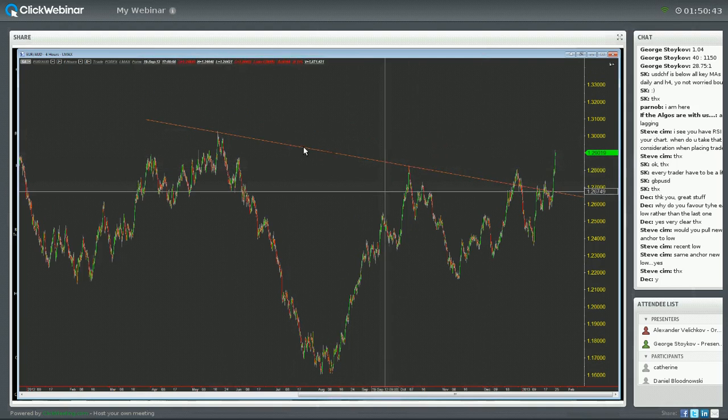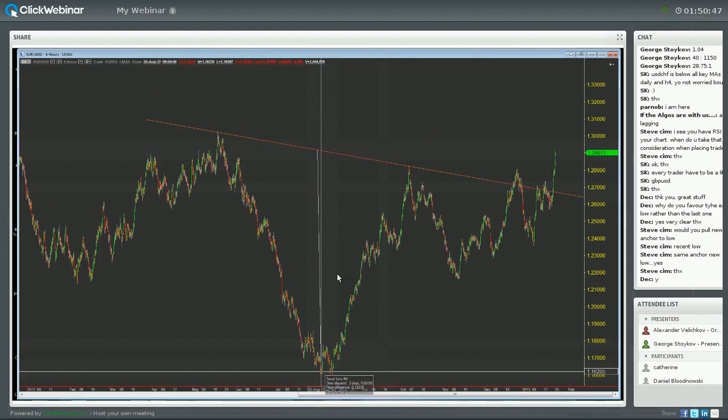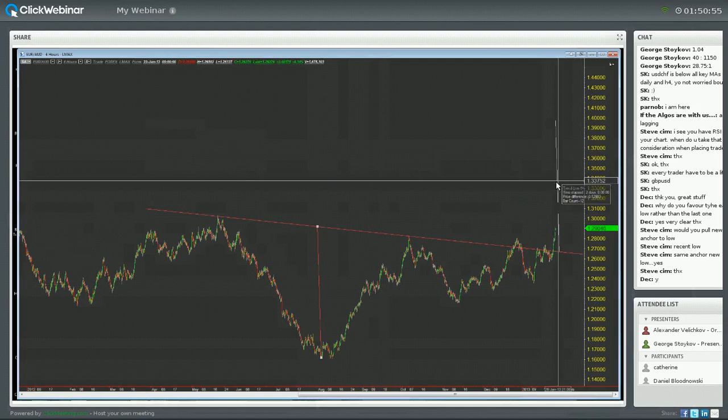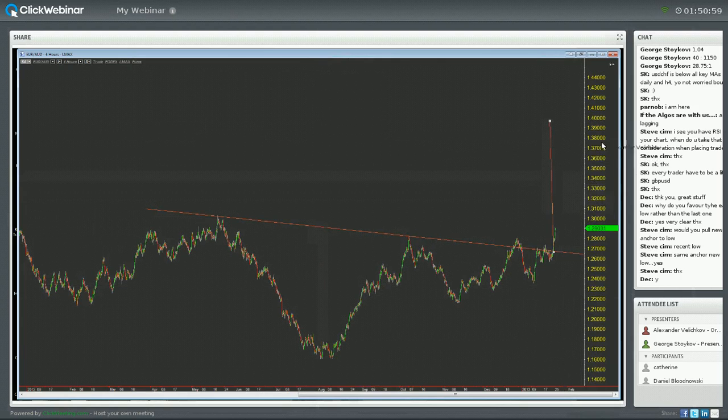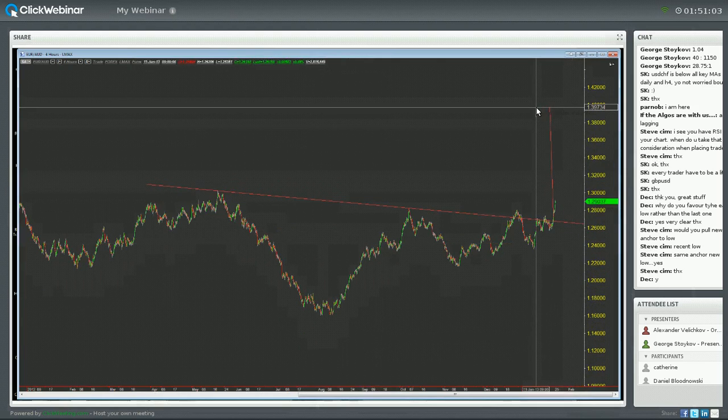So you would measure up the target of an H&S, if you're not acquainted, like this. You would put it on the point of the break of the head and shoulders. So you can see our targets are above at the 1.39, 1.4 approximately.